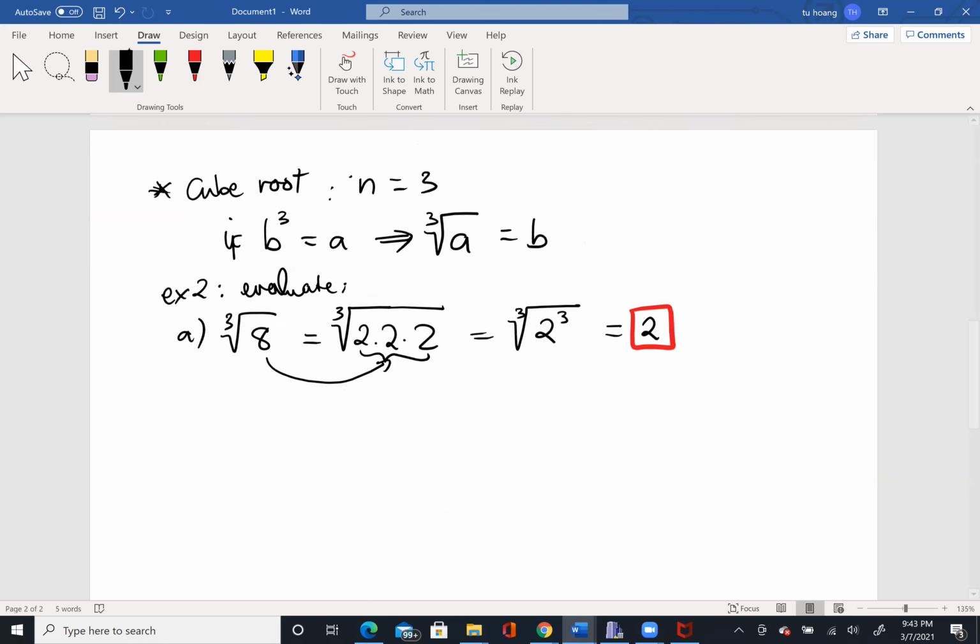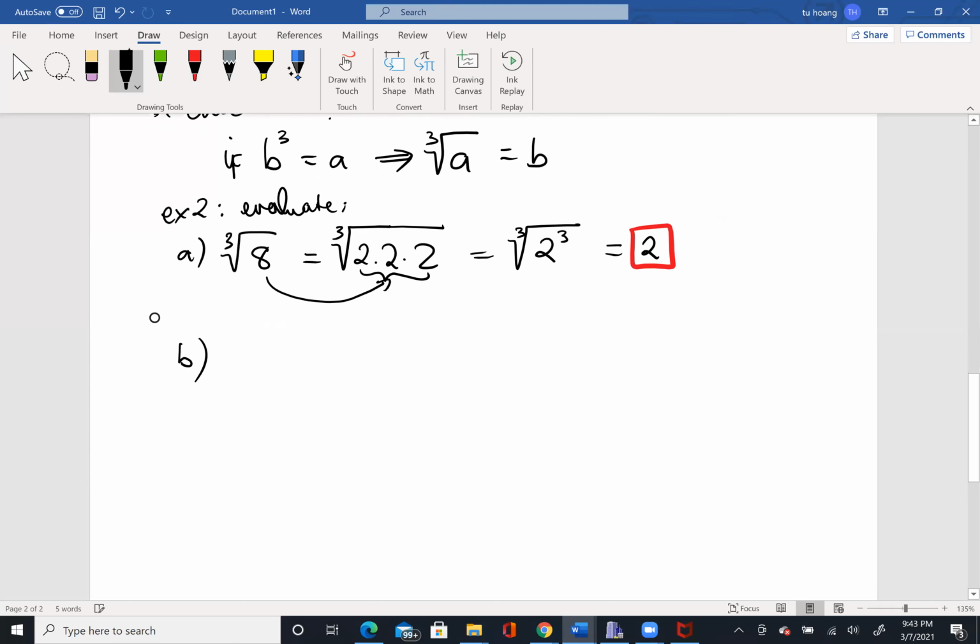Let's move to part B. What if I have the cube root of, let's say, negative 27? What happens now? Is it going to give you a negative number or a positive number? Remember that this is a cube root, not a square root. So let's see what it looks like. Let me factor the negative 27.